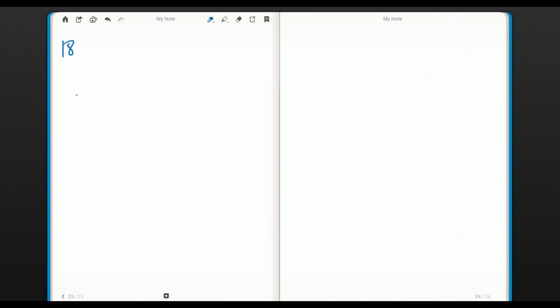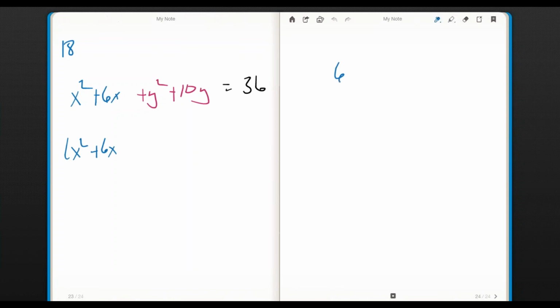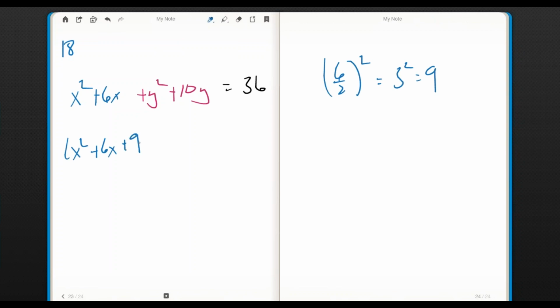What about number 18? X squared plus 6x, or the x portion, plus y squared plus 10y equals 36. I'm going to complete the square with the x's. X squared plus 6x, 6 divided by 2 squared is 3 squared is 9, plus 9, and I'm going to have my 36 plus 9 on the right side.